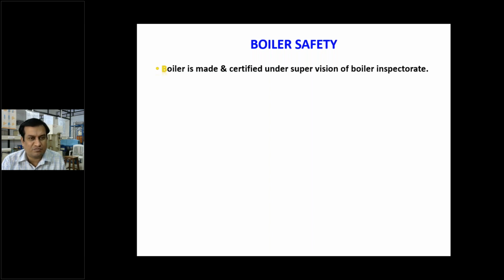And in that certification process, the main parameters are the fittings or the accessories or the parts which are attached to the boiler, then the material of construction, the thickness of material which is used for designing the boiler, then the maximum working pressure for boiler operations.